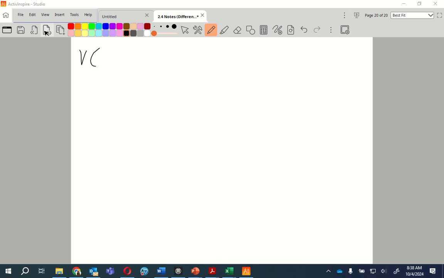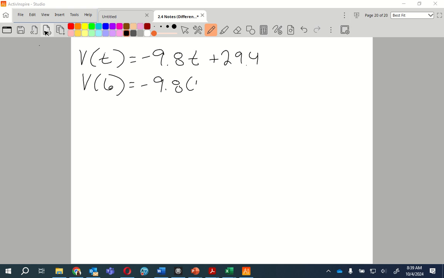My velocity of t was negative 9.8 t plus 29.4. And so v of 6 is negative 9.8 times 6 plus 29.4.